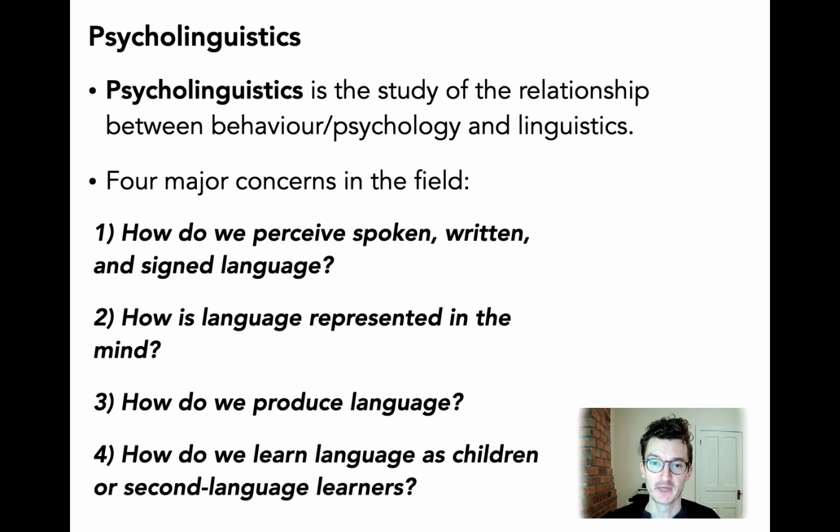Major concerns in the field consist of: how do we perceive spoken, written, and sign language? How is language represented in the brain, so the neurobiology of language? How do we produce language? That's what I study. And how do we learn language as children or as second language learners? Developmental psychologists often study language learning.